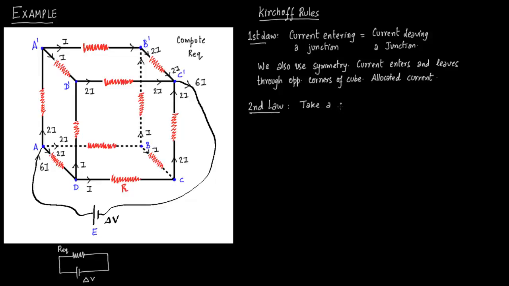You have to take a closed loop, and the loop we take is E, A prime, B prime, C prime, and then back to E.